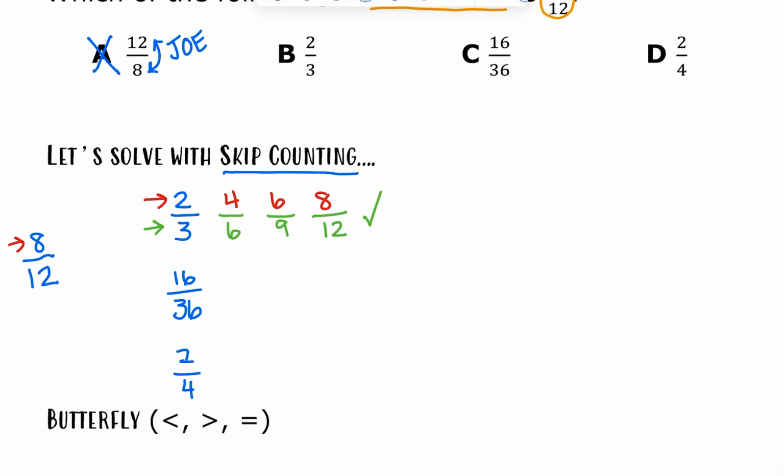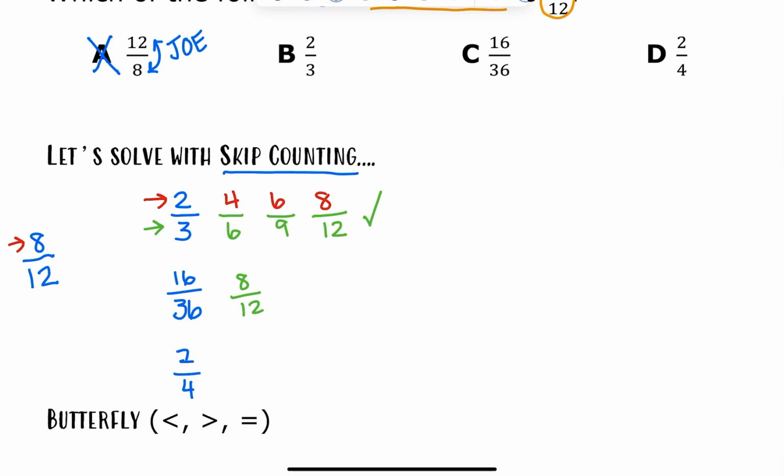Okay, but just for the sake of notes, let's look at the next one. If I'm comparing 8 over 12 to 16 over 36, if I skip count this one, my numbers are only going to get bigger and I need to get smaller. So in this situation, we would take our 8/12s and skip count until we get to 16 over 36.